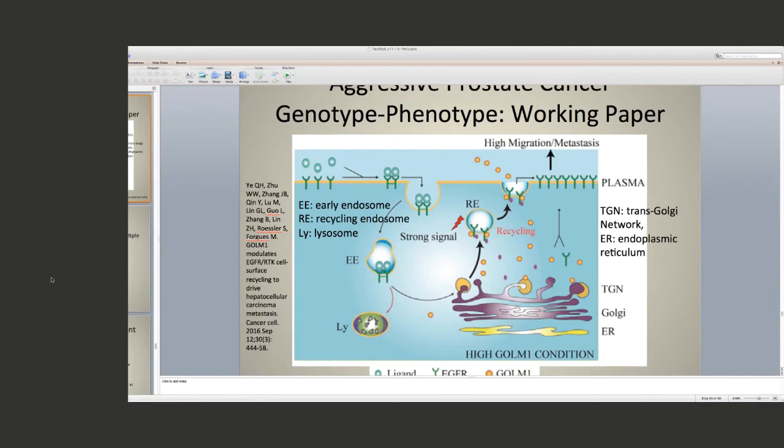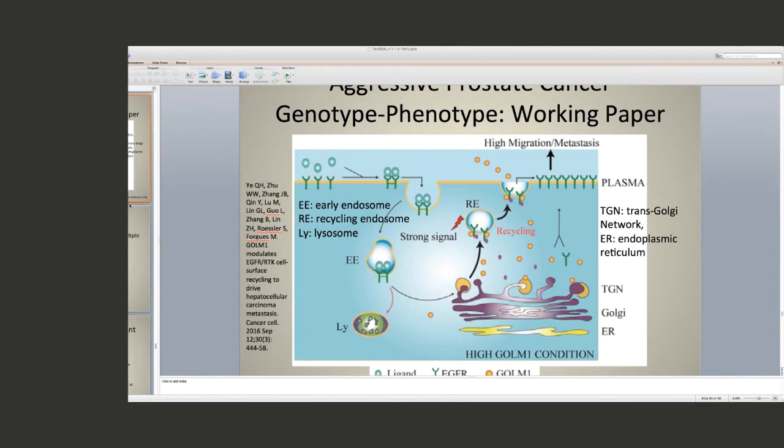You might not see an EGFR signal in the RNA. It might not be producing more RNA, but with GOLM1, it's increasing the half-life of the EGFR receptor on the cell surface, which means these things will be growing.